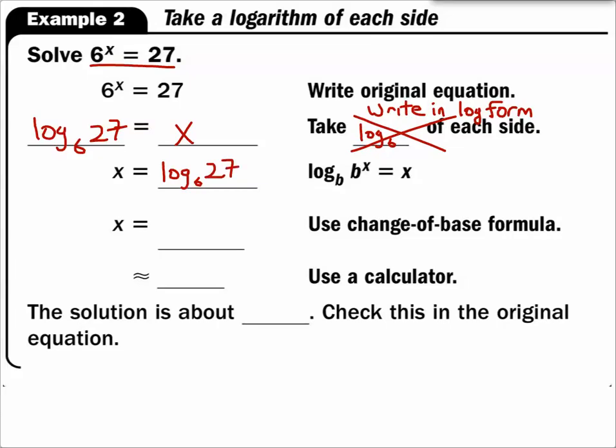And then that's nice, but you likely don't have a log base 6 button on your calculator. So in order to work through this, you need to change the base. This was in the last section, and so you have a choice. You can do common log 27 divided by log 6, or you can do natural log 27 divided by natural log 6.